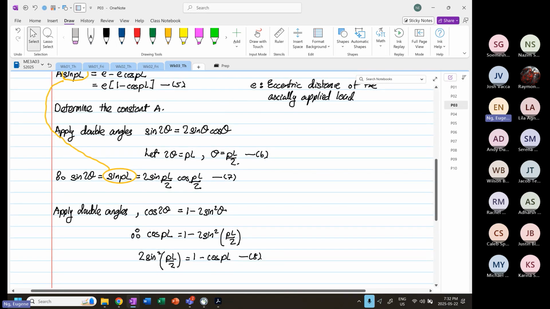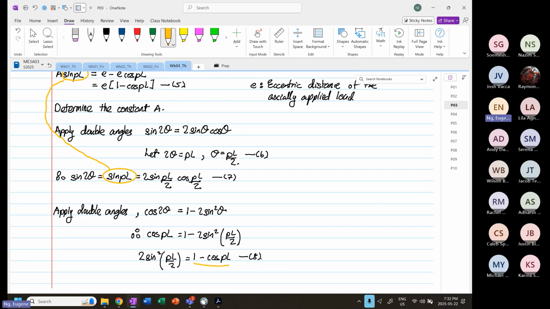Okay, so this term looks very familiar. So now this term over here is the same term that we have over here. So later on, what you'll see, we'll simplify our expression.